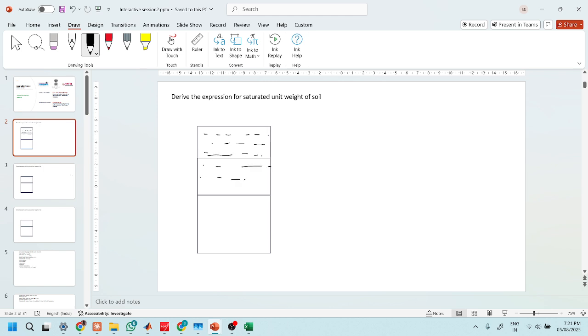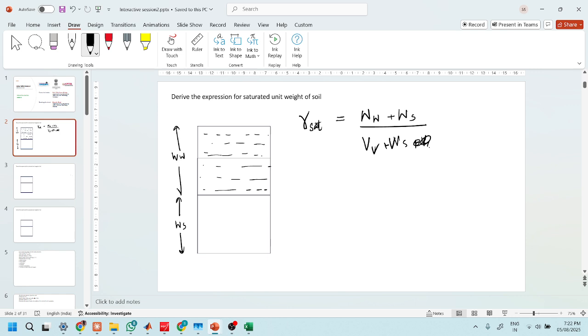We just saw, we know that gamma saturated equals weight of water plus weight of solids over volume of water plus volume of solids. So on one side we will have weight of solids, weight of water.